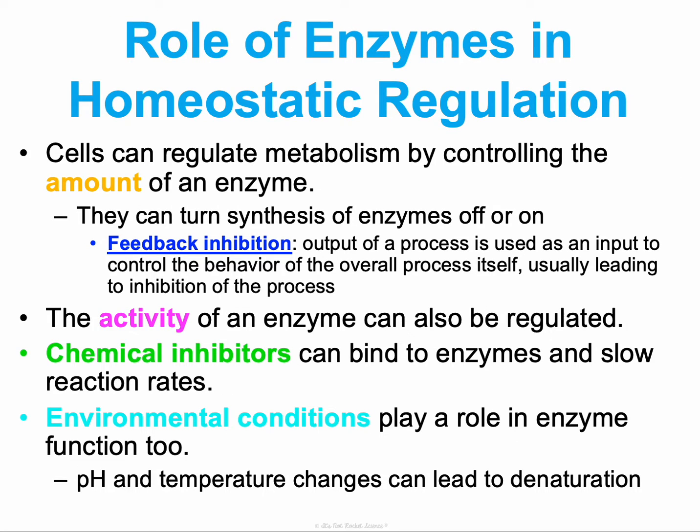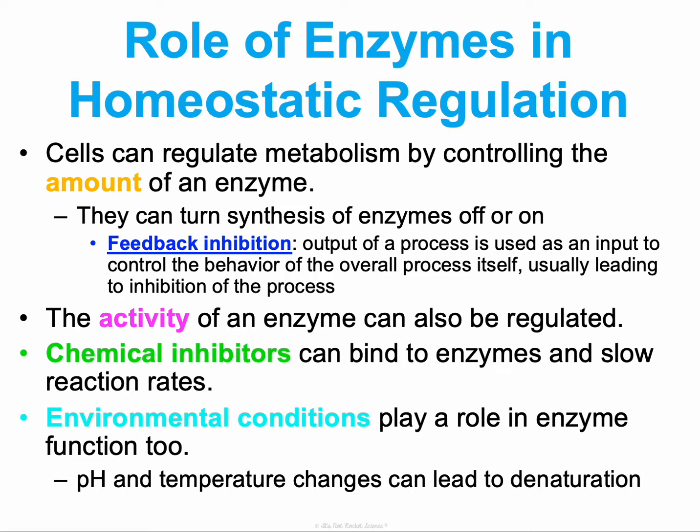Cells can regulate metabolism by controlling the amount of an enzyme. They can also turn synthesis of enzymes off or on. This is called feedback inhibition. The output of a process is used as an input to control the behavior of the overall process itself, usually leading to inhibition of the process.